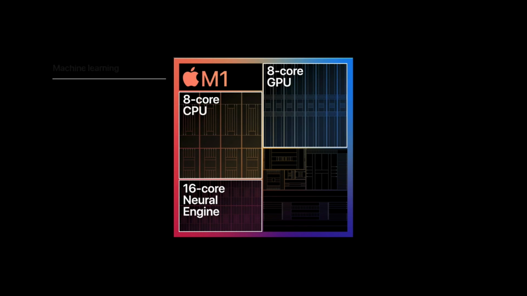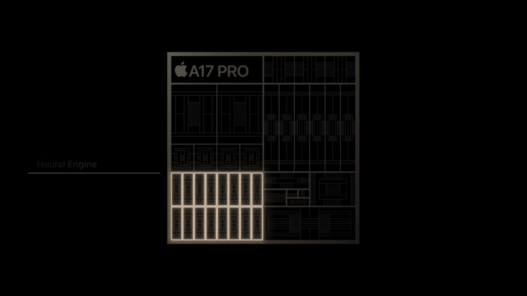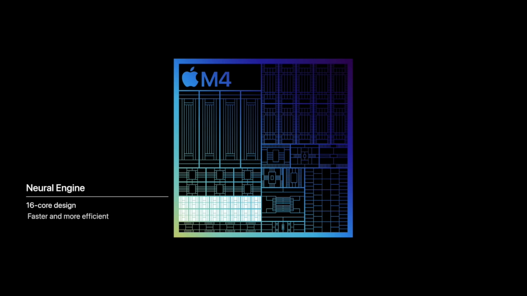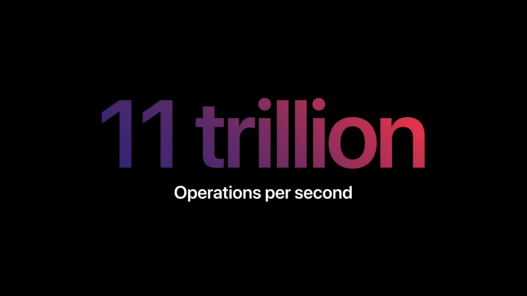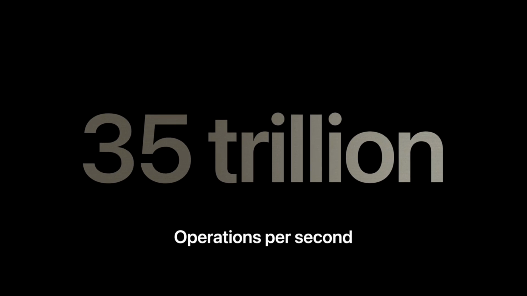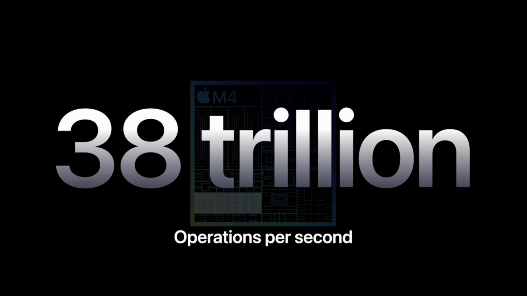All of these chips, like the M1, the A17 Pro, up to the M4, which is the latest, have a 16-core neural engine. The Apple M1 can do 11 trillion computations a second, and that goes up to 35 to 38 trillion operations per second on the M4 chip.